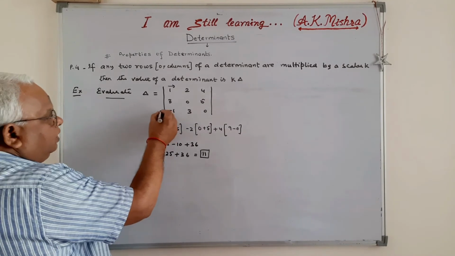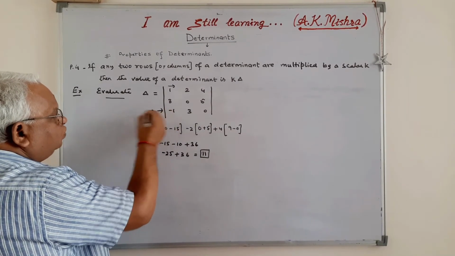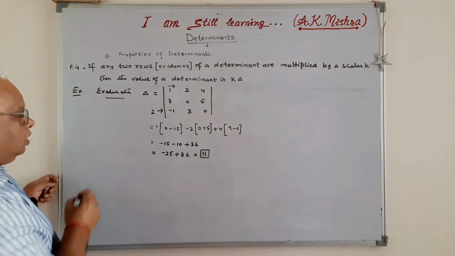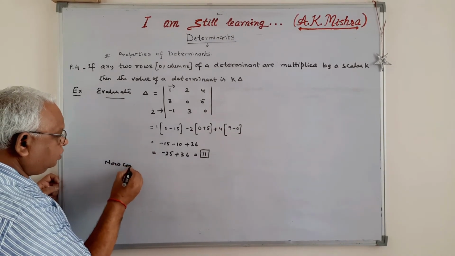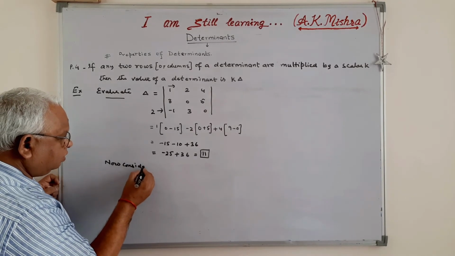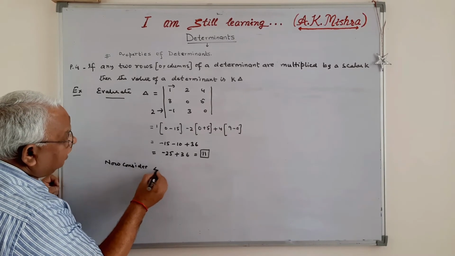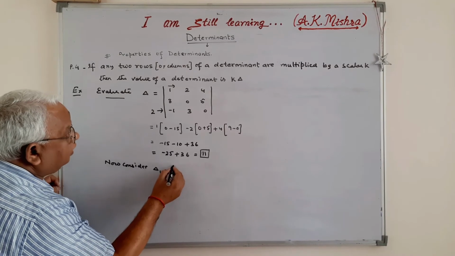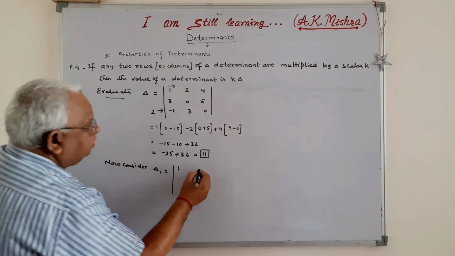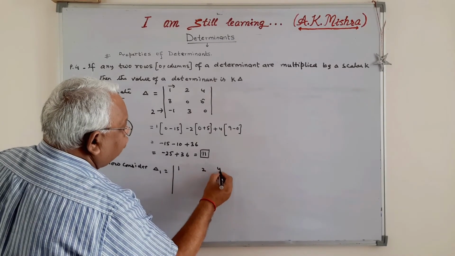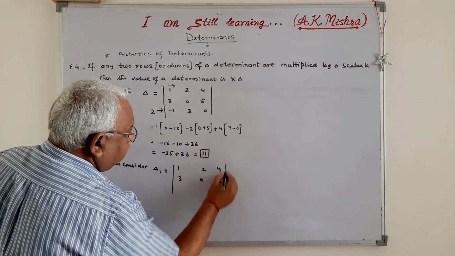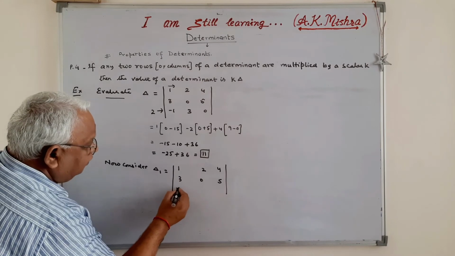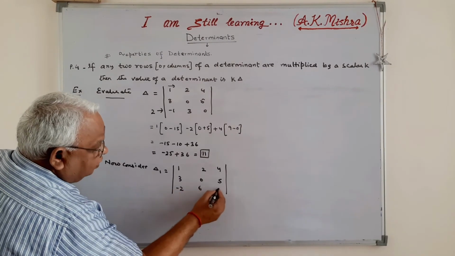Now I multiplied this row by 2. Now consider delta 1 as 1, 2, 4, 3, 0, 5, minus 2, 6, 0.